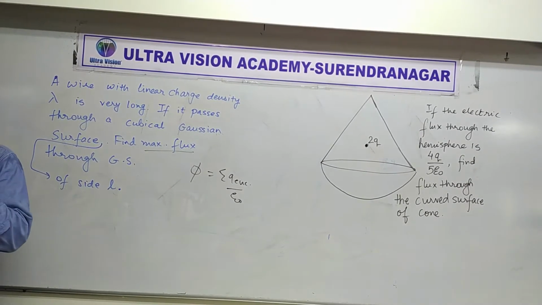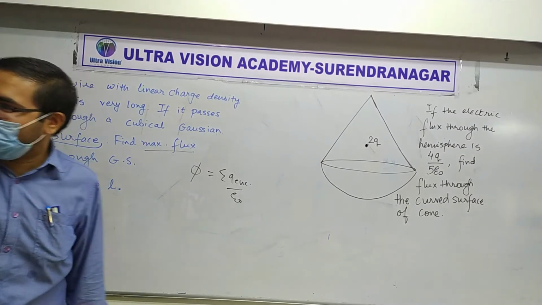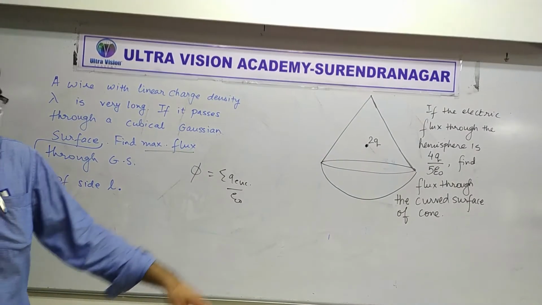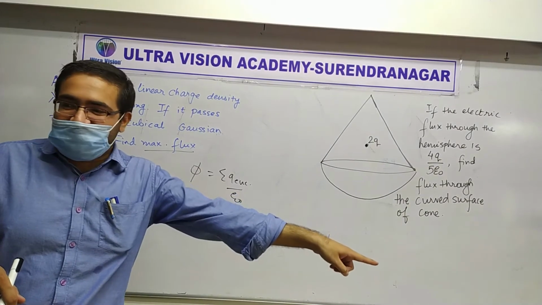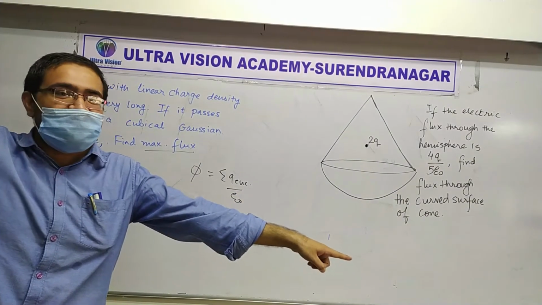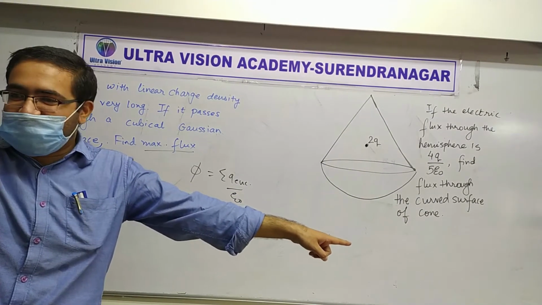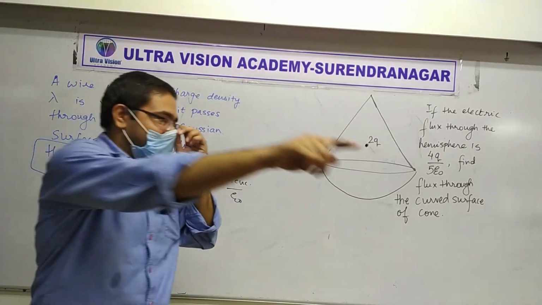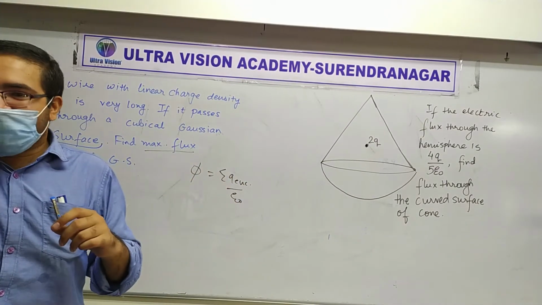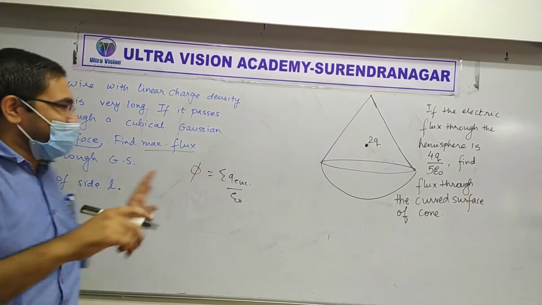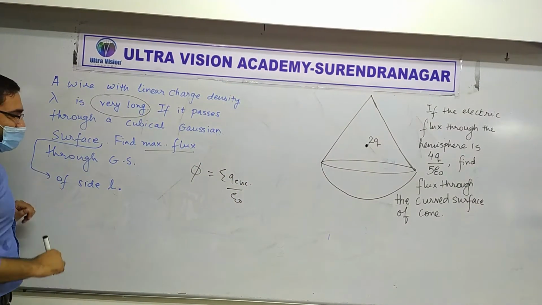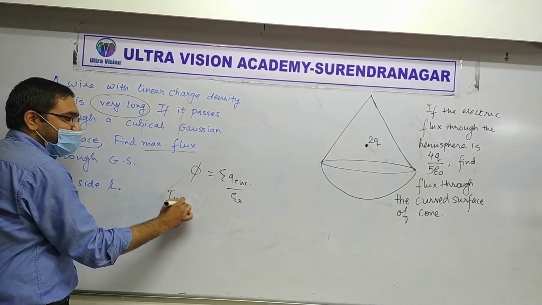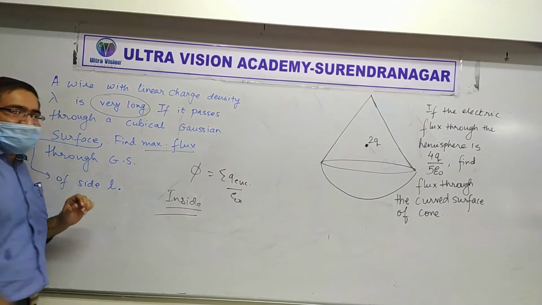Diagonally, from this corner to that corner, from the bottom corner here to the top corner over there. That way the length will be maximum. Of course the length of the wire is very long, but the question is how much is inside the cube?